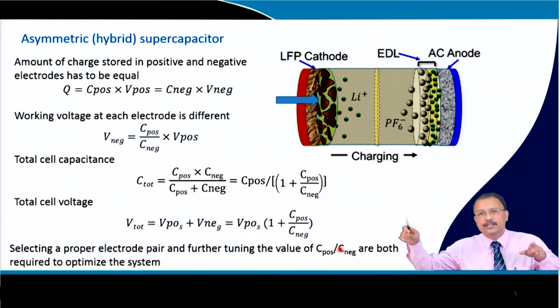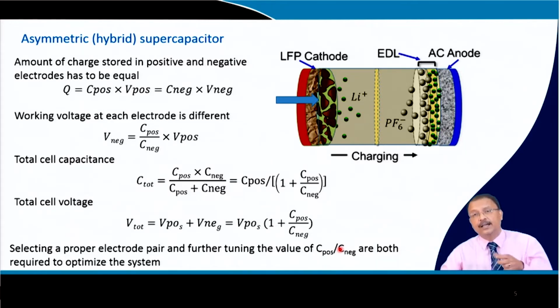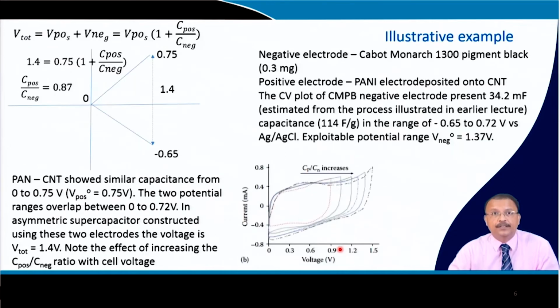In order to increase the voltage, I need to know the voltage range for the positive electrode and the operative voltage range for the negative electrode, and then I will have to tune the ratio of their respective capacitance, and then I can increase the total voltage.